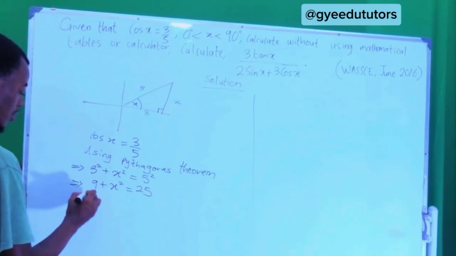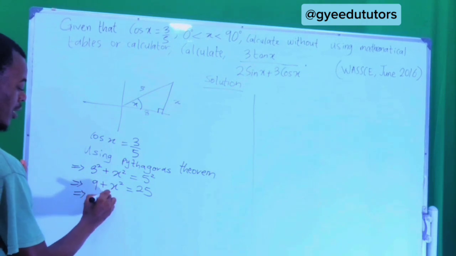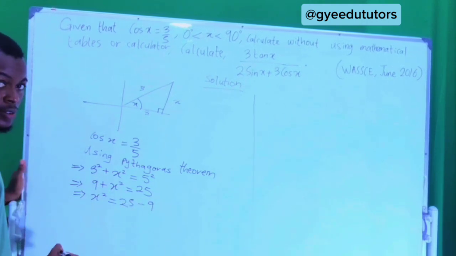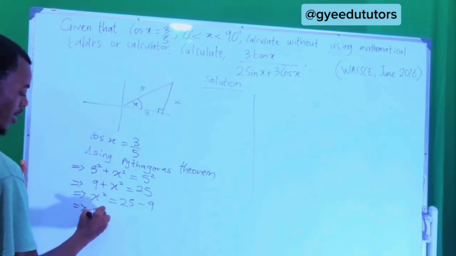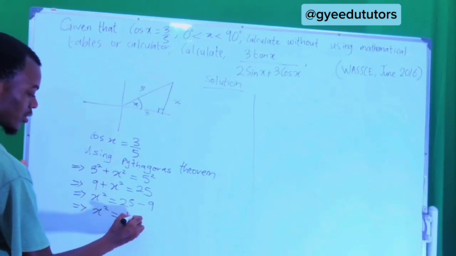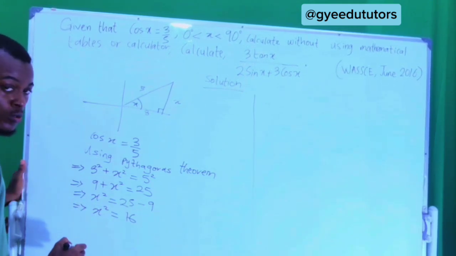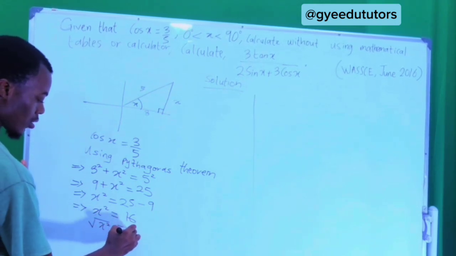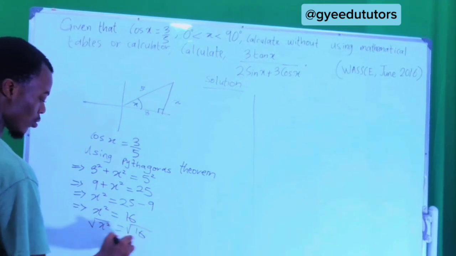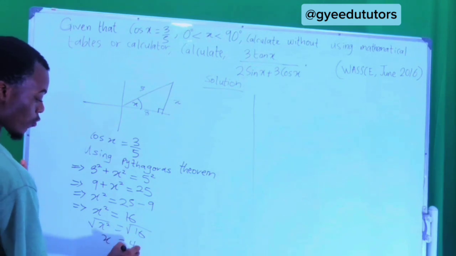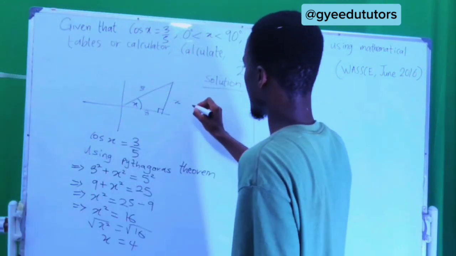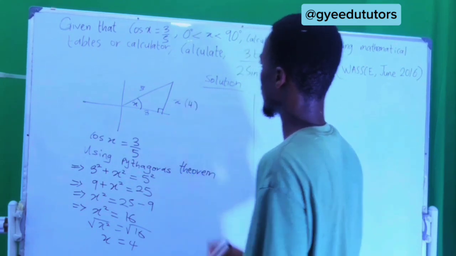Now we group like terms: x squared is equal to 25 minus 9. x squared is equal to 16. You find the root on both sides, so now our x is 4.